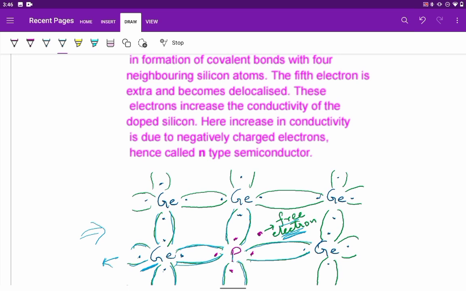So this 5th electron is extra, it becomes delocalized. They increase the conductivity of the silicon. This increase in conductivity is due to the negatively charged electrons, because you all know that electrons are negatively charged, and because of them only conductivity has increased. So these are known as N-type semiconductors.